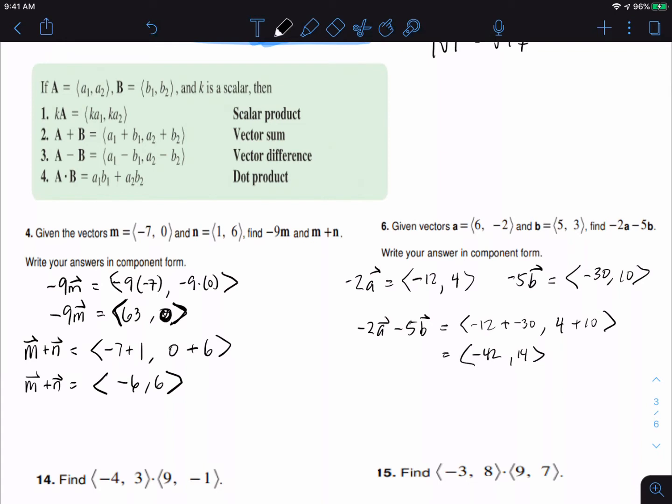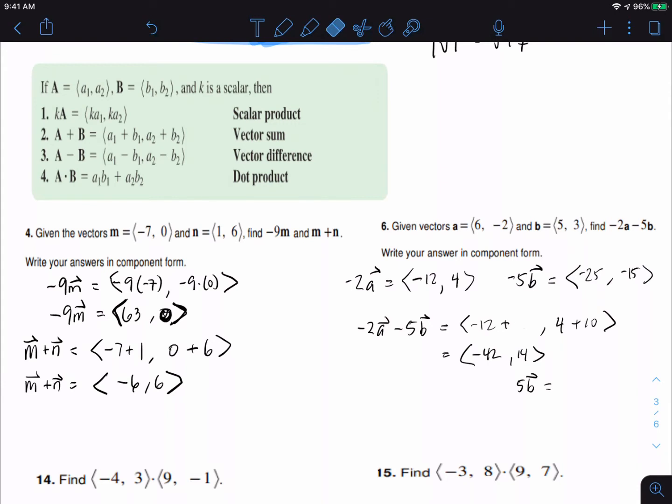Now if I did it the other way, instead of getting a negative 5b, I would have gone 5b, and 5b would have gotten me, how did I get 30? Oh, I multiplied with the wrong number here, I'm sorry. That should be a negative 25. I multiplied with a, so I totally did it wrong. This is going to be a negative 15.